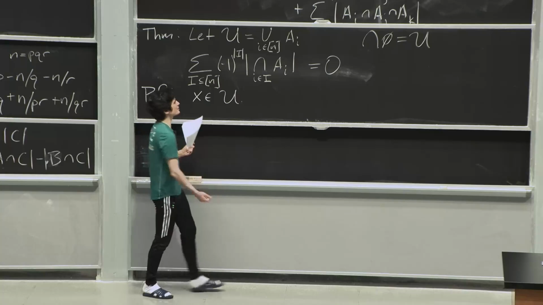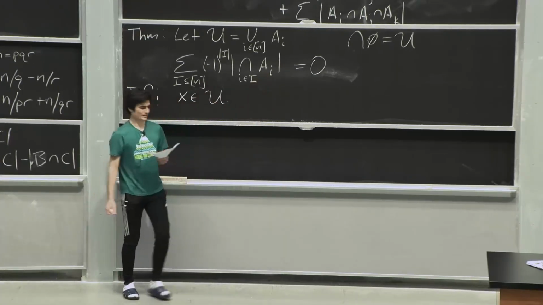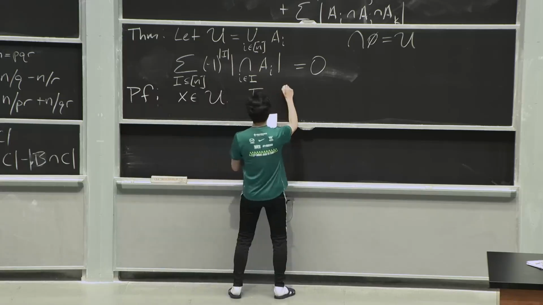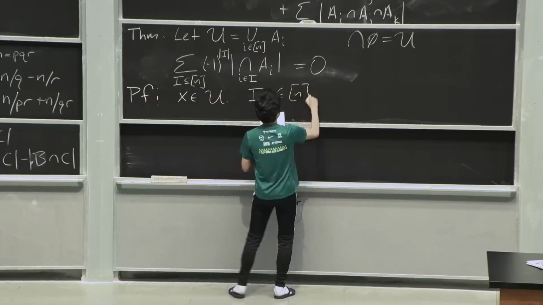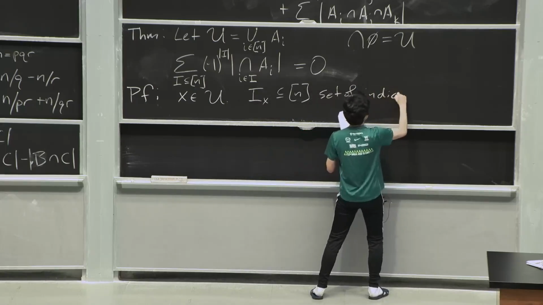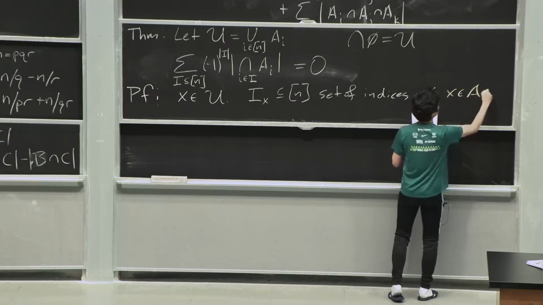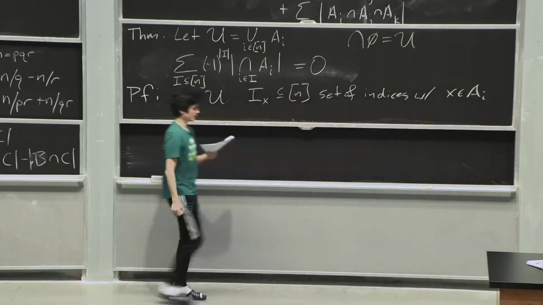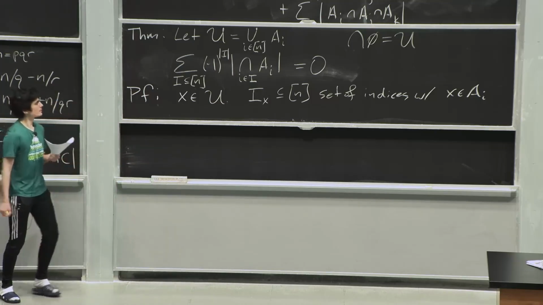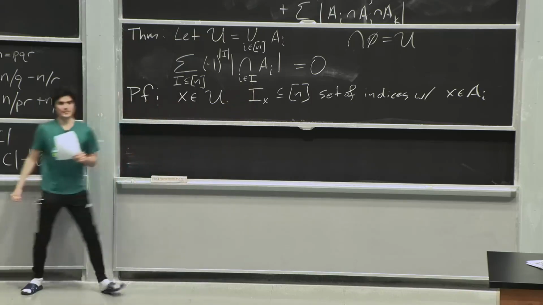Well, it's going to be in all of the terms where x is in all of these AIs. So if we say that I sub x is the set of indices with x in AI, it's going to be in the I sub x set.